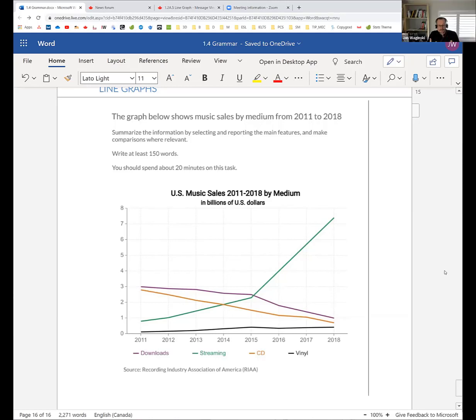So what's the big obvious pattern? Streaming. And what about the other stuff? CDs and downloads are almost the same.